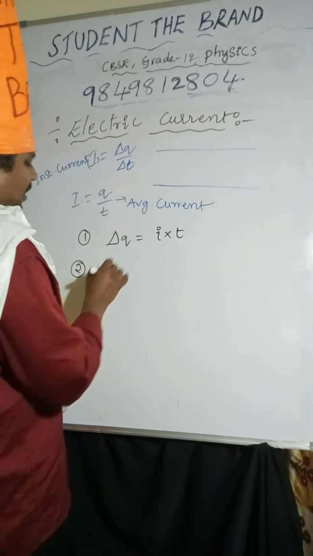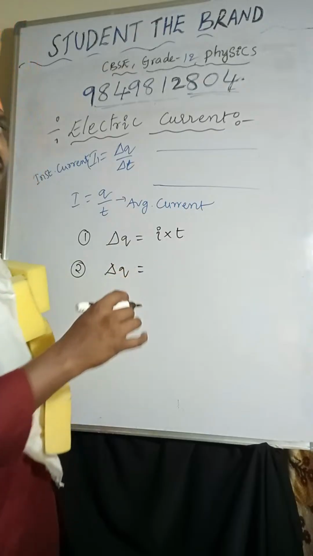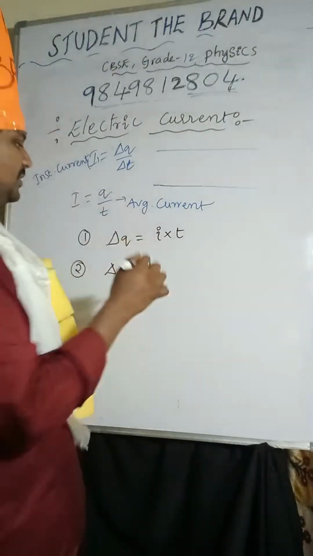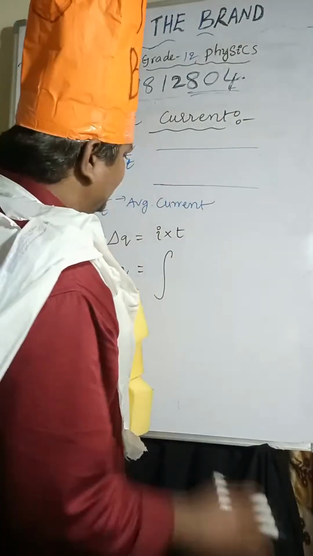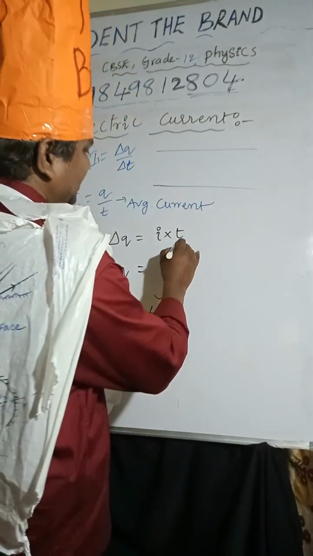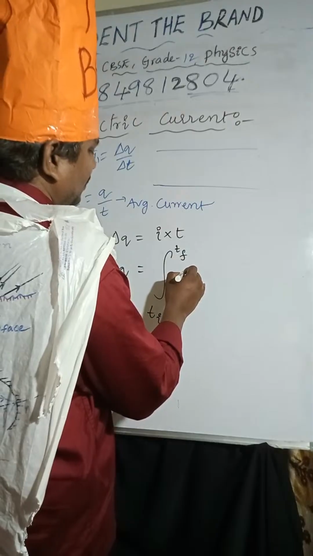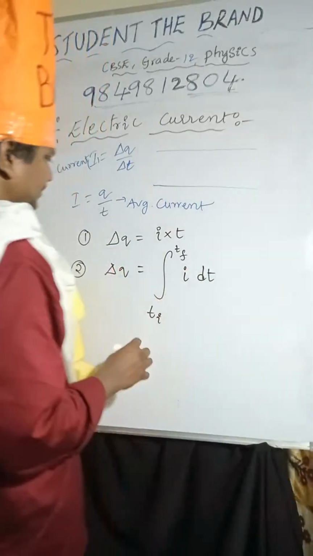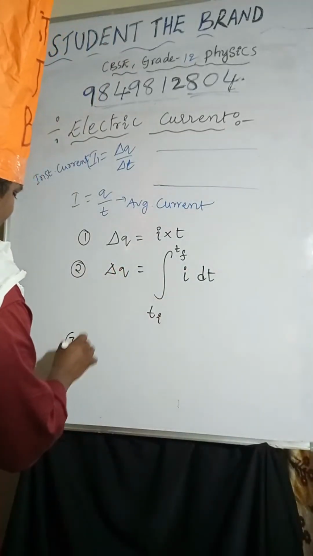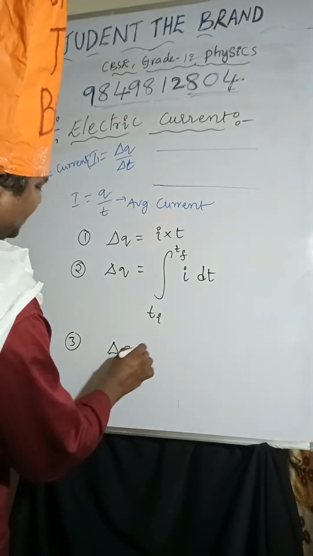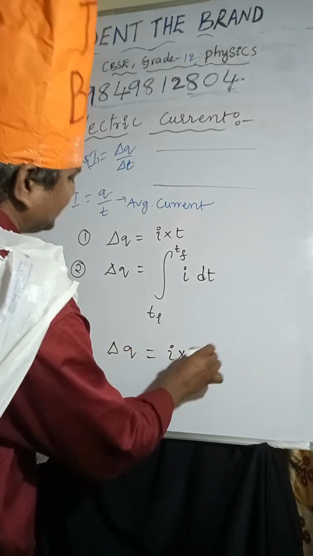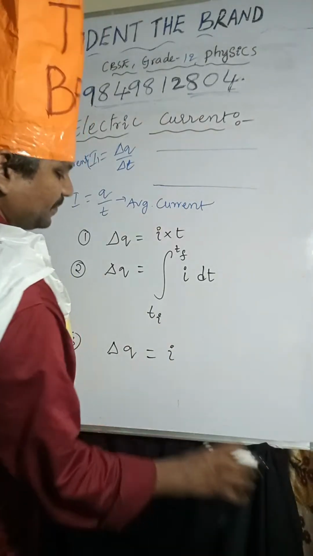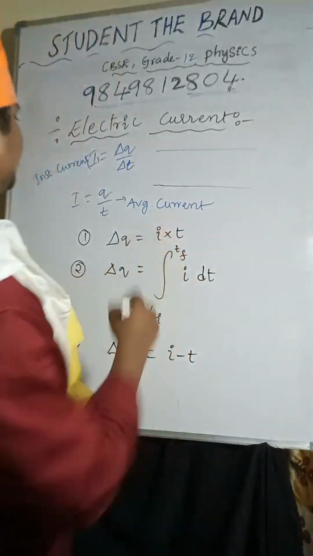And coming to the third one, the flow of charge can be obtained by the area under the graph of I versus t.